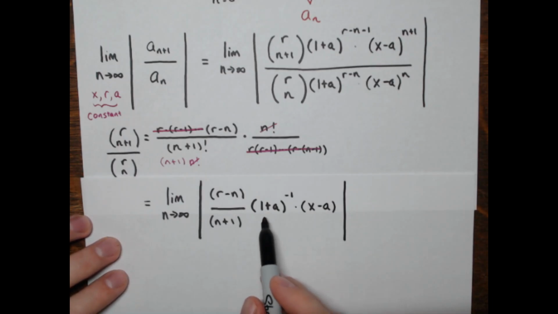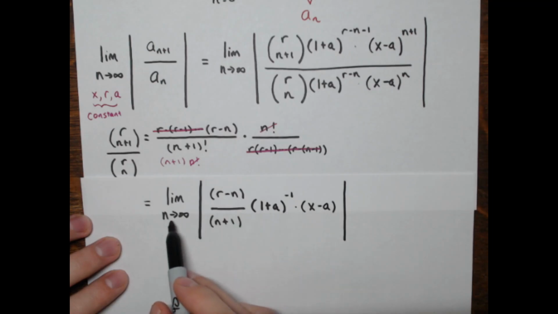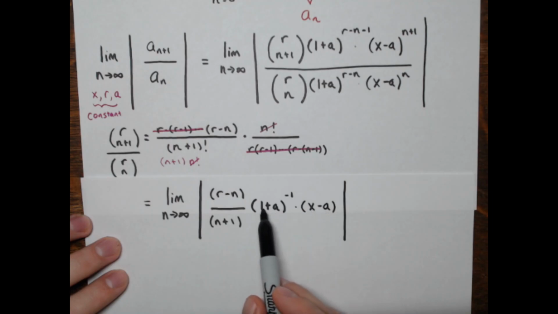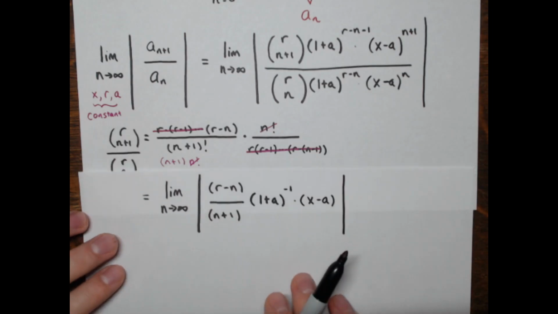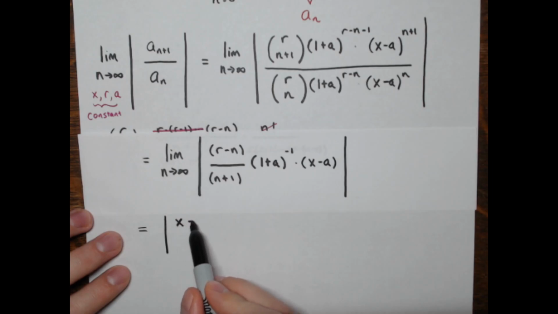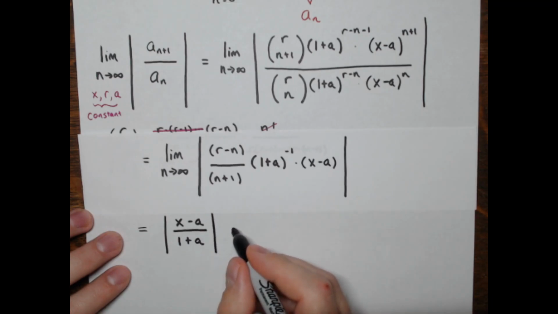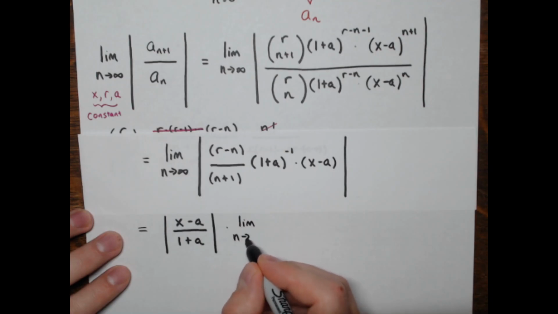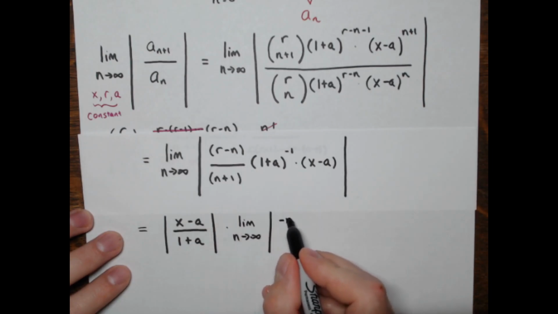And like I said, the a and the x and the a are considered constant here. So this x minus a over 1 plus a, because this is like 1 over 1 plus a, can come out, with the absolute value, of course. So this is the absolute value of x minus a over 1 plus a coming out. Then times the limit as n goes to infinity of the absolute value of r minus n, which you can think of as negative n plus r.